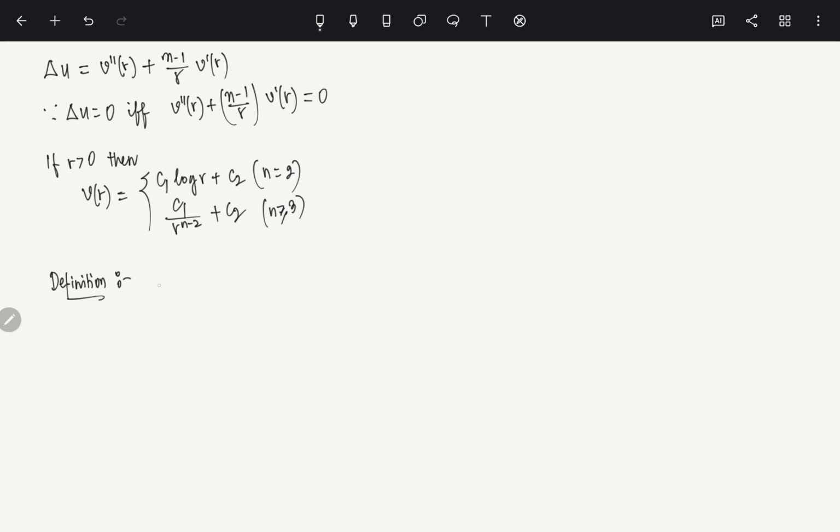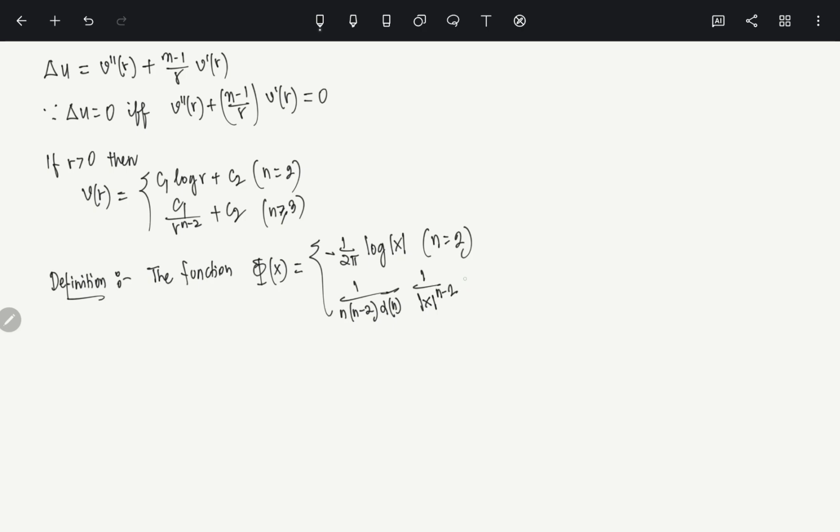So you see the function phi of x, which is defined as 1 by 2 pi log of mod x for n equals 2, and 1 by (n minus 2) times alpha n, the volume of the sphere, which is basically the normalization constant, times 1 by mod x to the power n minus 2, for n greater than or equal to 3.